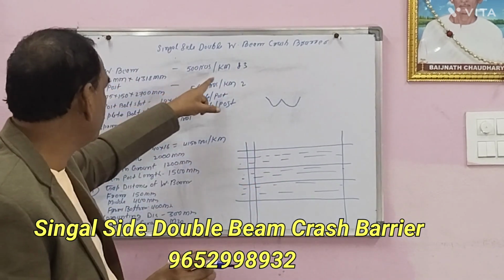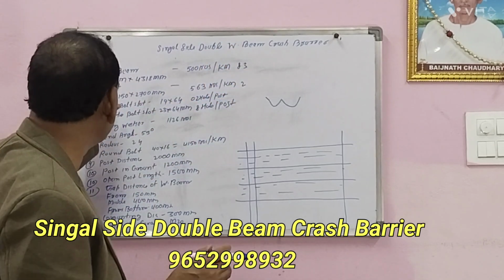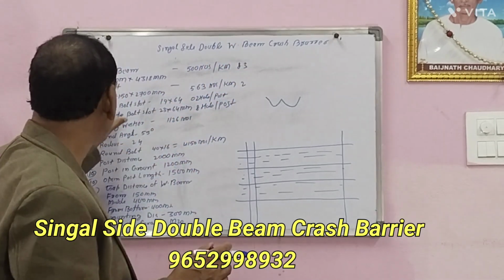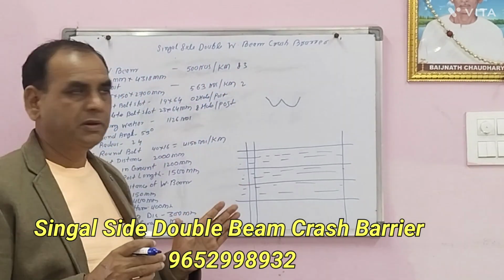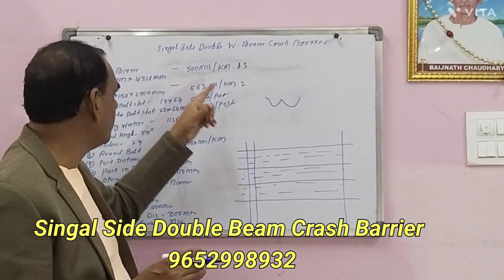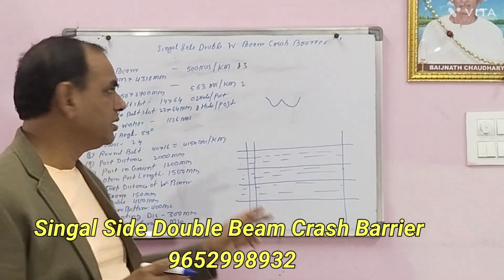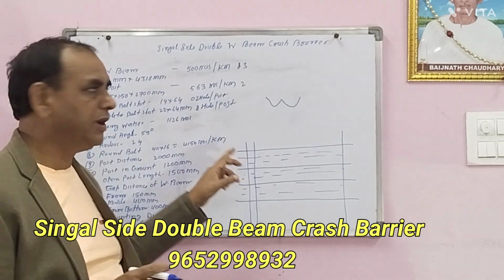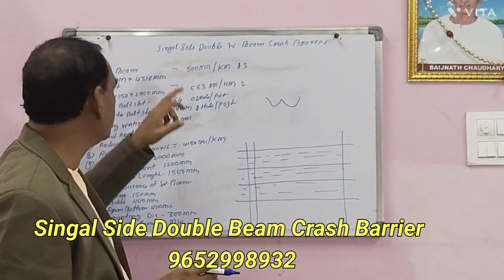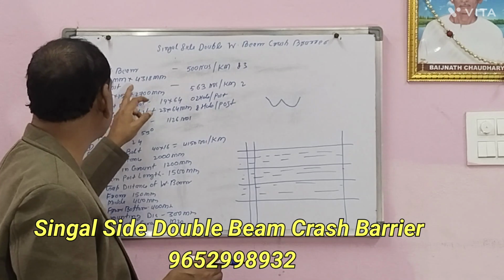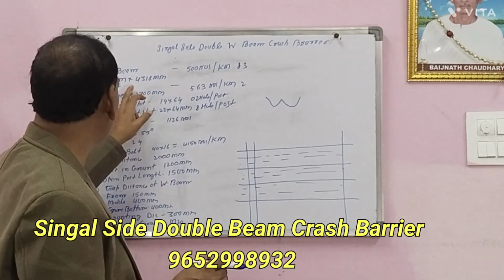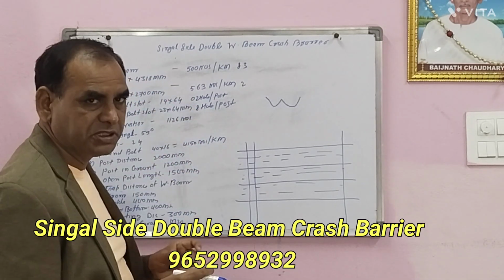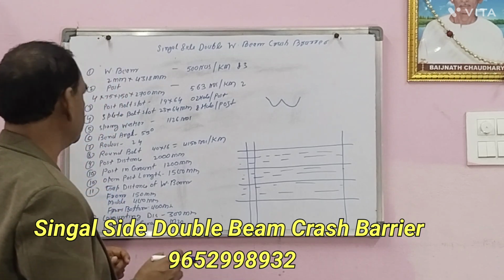What is the thickness of the W beam? The thickness is 2 mm. The length of each W beam is as per drawing and as per railway specification, 4318 mm, that is 4.318 meters. 4318 mm is the length and 2 mm the thickness.